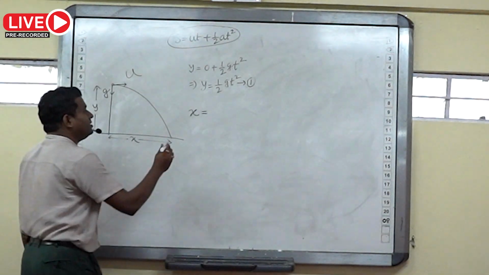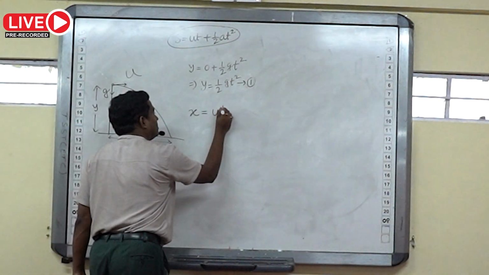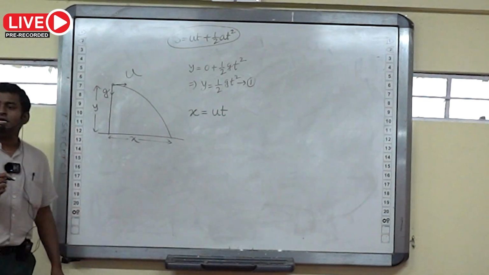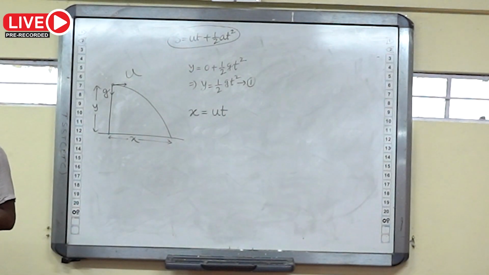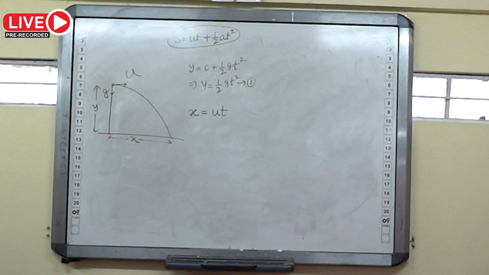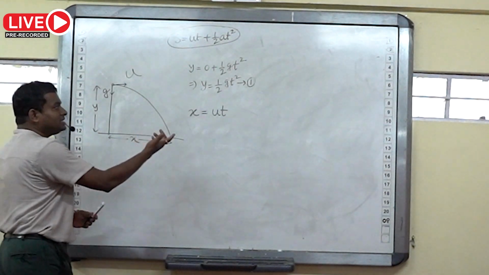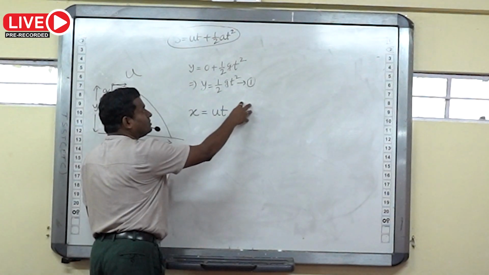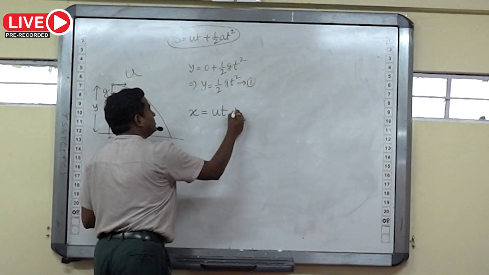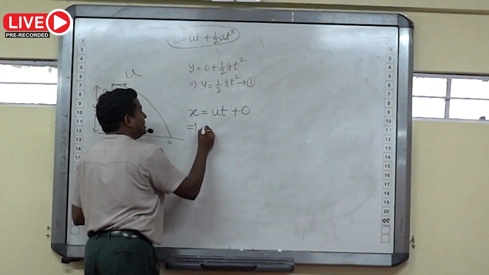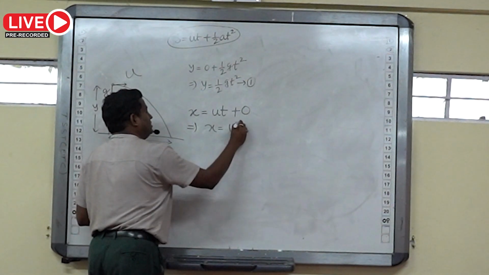So ut term will be present now. But is there any acceleration in horizontal direction? No, because gravity is in vertical direction. So along its perpendicular direction, this vector has no effect. So g will be 0 and as a result this term here will become 0. So we are getting only this equation ut.